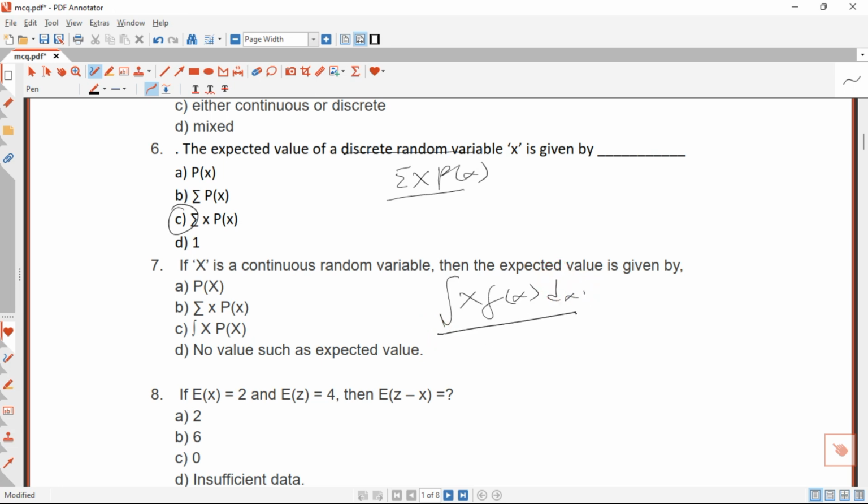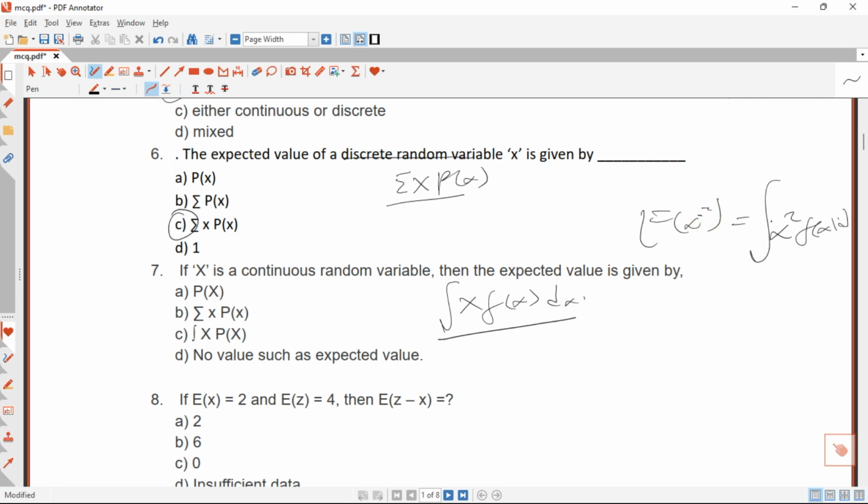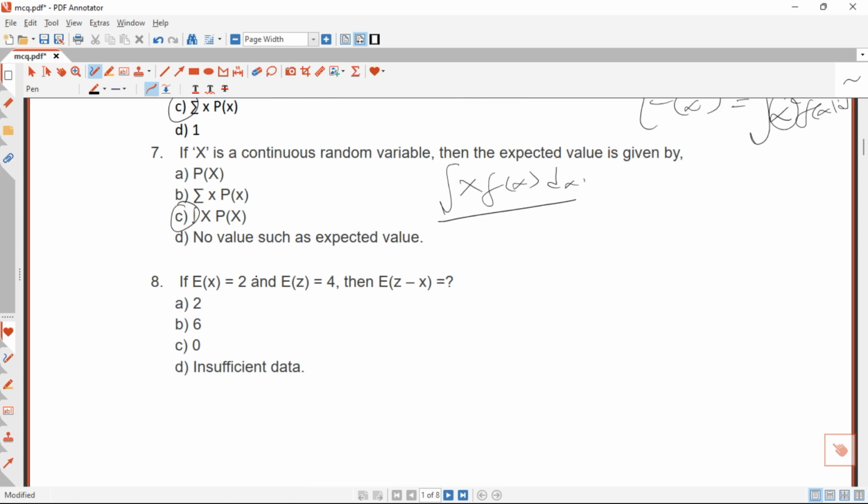So this is how we find our mean of x. What if you are asked to find expectation of x squared? That one will be the integral of x squared times f of x dx. Since here it is squared, this part too will also be squared. So our answer here is C.